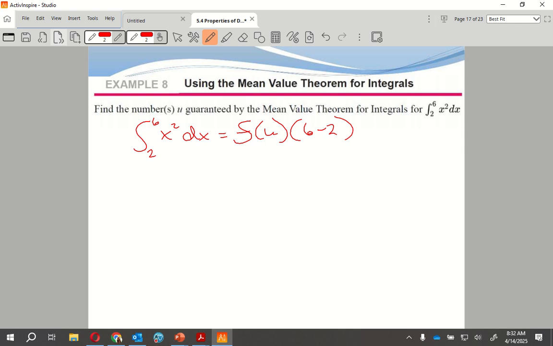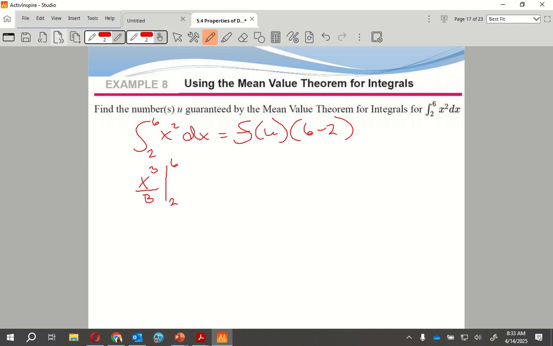Alright, so let's go ahead and start with the integration part, and then we'll work with the other part in a second. So the integration part: I'm going to take the integral of x squared, which gives me x cubed over 3 from 2 to 6.